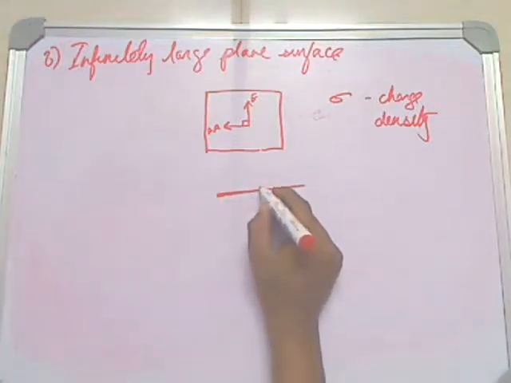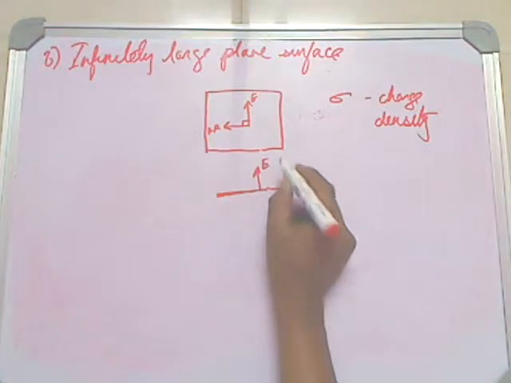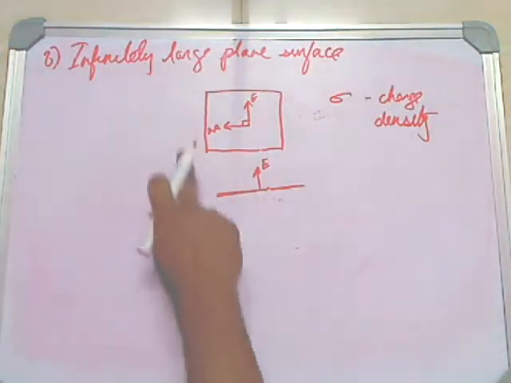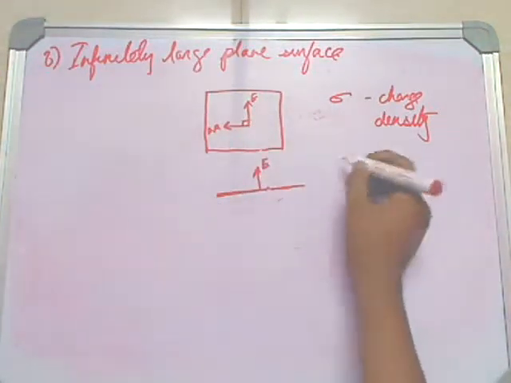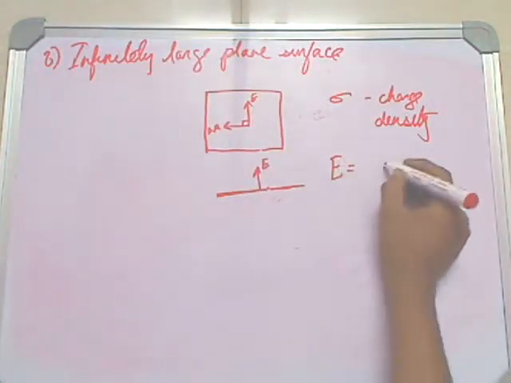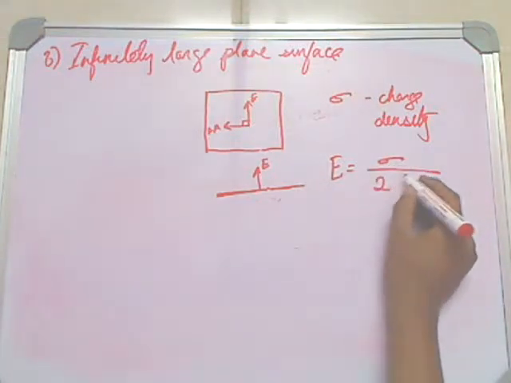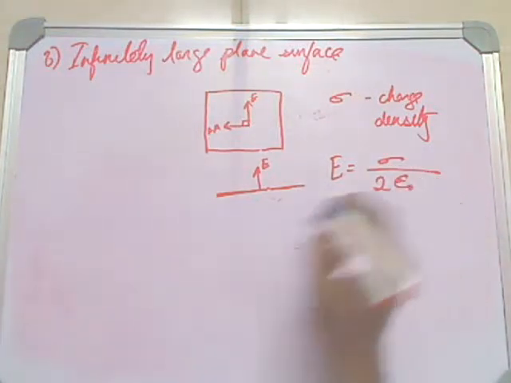So this is in fact the surface, and this is where the electric field is actually going. Okay. Now this makes your calculations quite easy. Because a plane surface is really hard to define, I've defined it with a square. So the electric field here is actually equal to the charge density divided by 2 permittivity of free space.